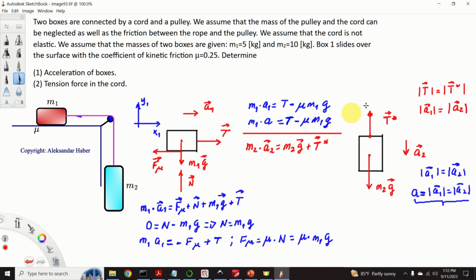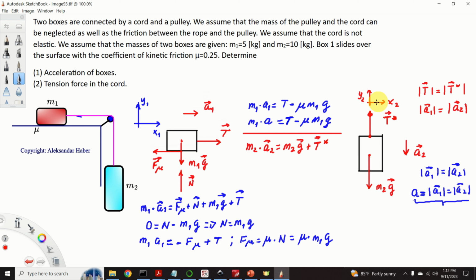Okay, now let us introduce the coordinate system over here. Again, I will introduce the coordinate system like this. This will be y2 axis and this will be x2 axis. Perfect.